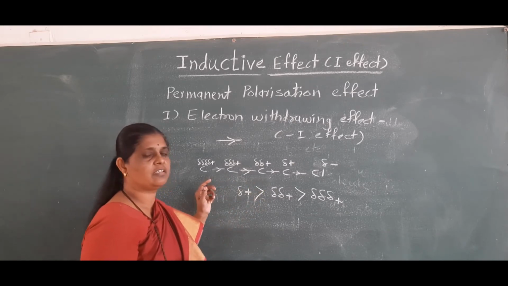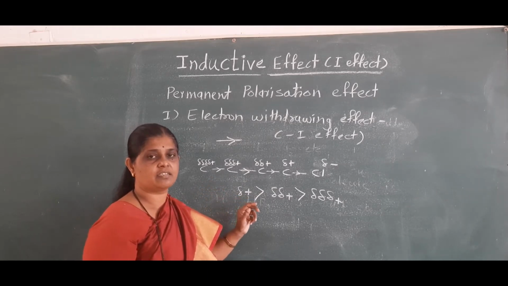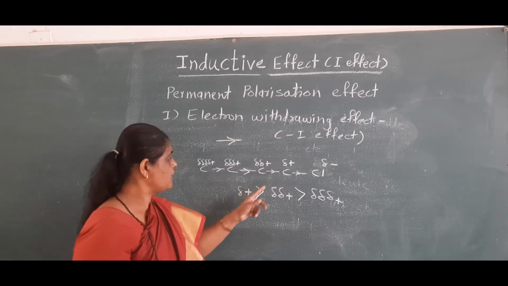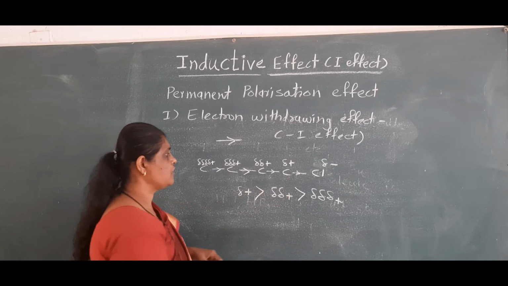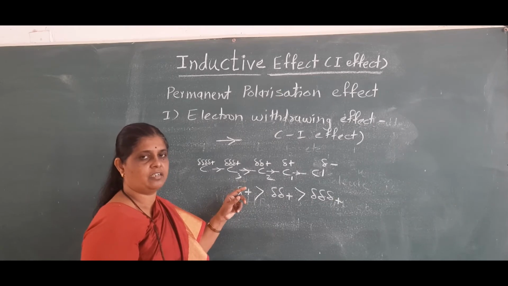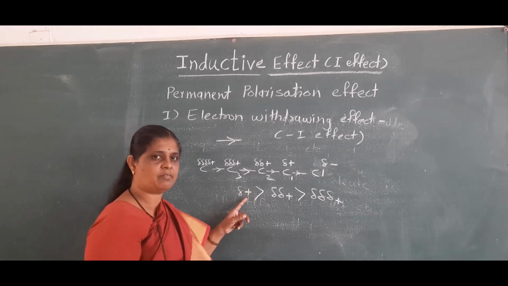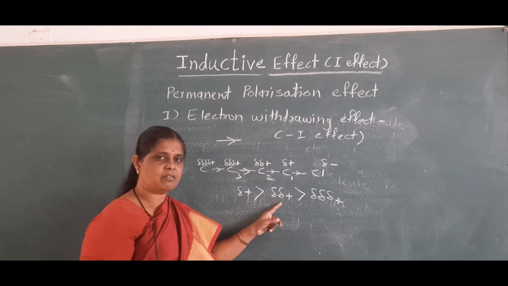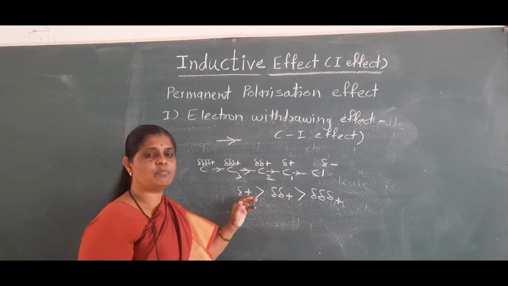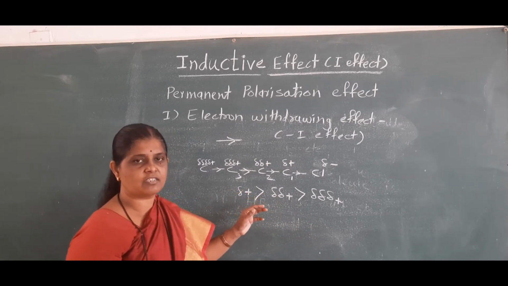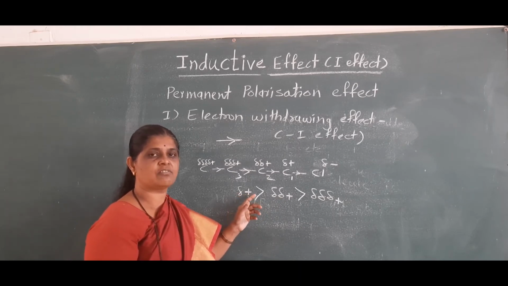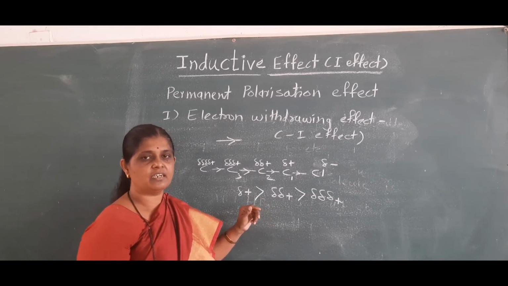After 4 bonds, that inductive effect decreases or vanishes. The positive charge on carbon atom number 1 is greater than on carbon atom number 2, which is greater than on carbon atom number 3. Thus the groups which withdraw the electron density toward themselves are known as electron withdrawing groups, and that effect is known as electron withdrawing inductive effect.